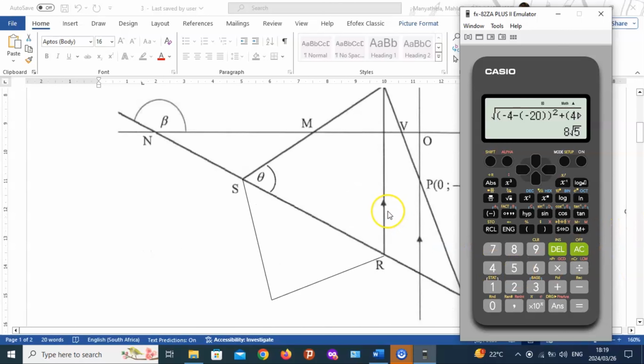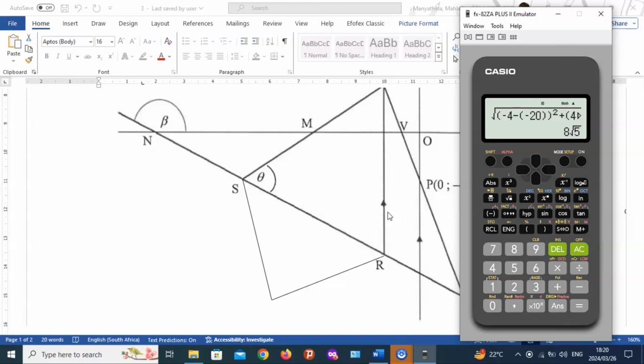To find the area, remember it's a parallelogram, and diagonals of a parallelogram bisect the area, meaning it divides the area into two equal halves.